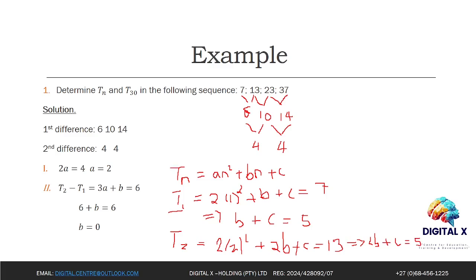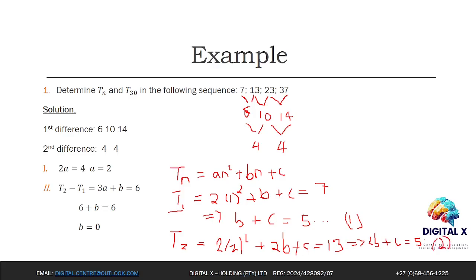So this takes us back here. So let's call this the first equation, and this will obviously be the second equation.